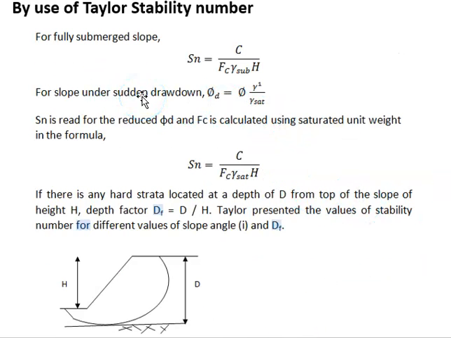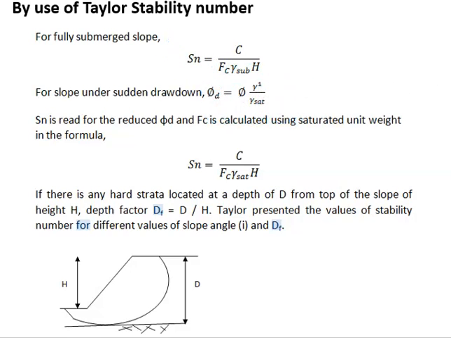Then if the slope is submerged, then in the equation we should take the submerged unit weight. Suppose the slope is subjected to sudden drawdown condition, then we have to use the reduced angle of friction, which is equal to angle of internal friction multiplied by submerged unit weight divided by saturated unit weight. So corresponding to this phi-d value, we have to find the stability number.